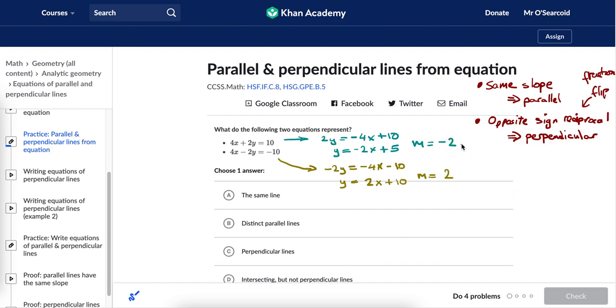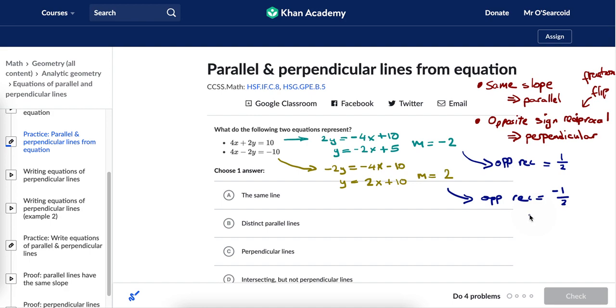Note that the opposite sign reciprocal of negative 2 is positive 1/2, and the opposite sign reciprocal of positive 2 is negative 1/2. Obviously they're not the same, so your signs are different.